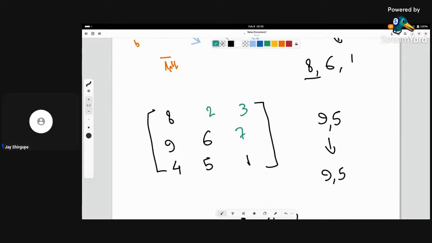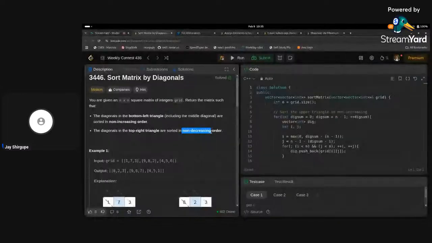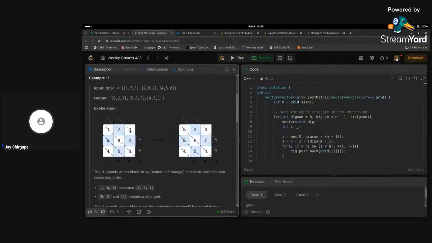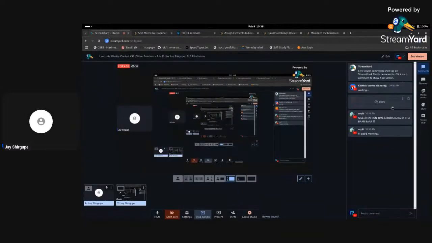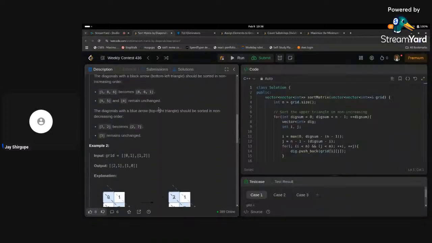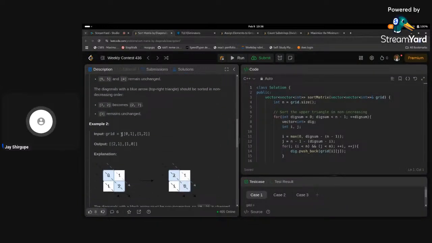So finally, your answer would be 8, 2, 3, 9, 6, 7, and 4, 5, 1. The output grid would be this. That was basically what we had to do in this problem.